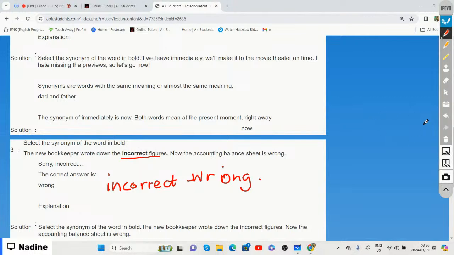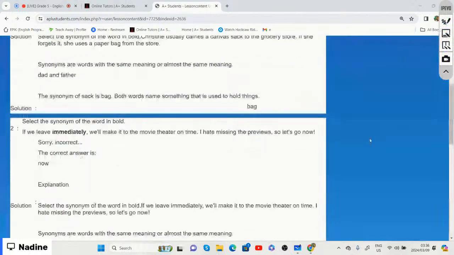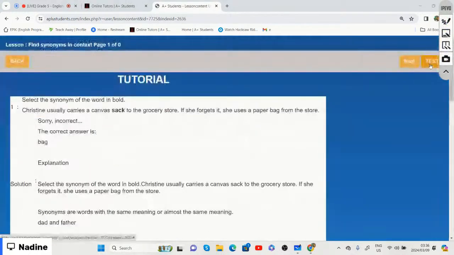All right. So that is basically synonyms, words with the same meaning.